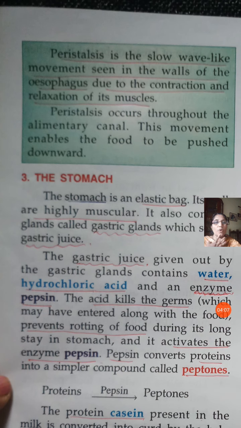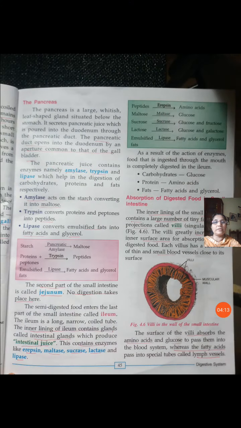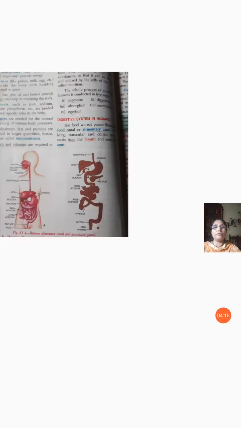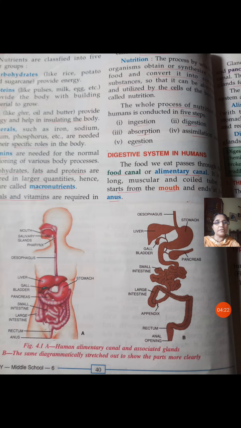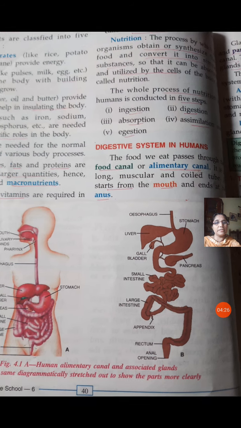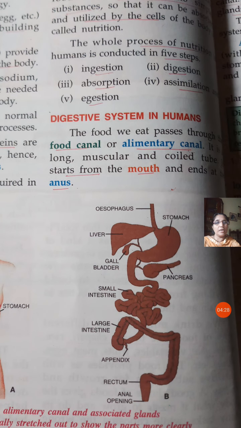After swallowing the food, it moves on. You know that the food pipe, the alimentary canal, is a very coiled tube. Sometimes in adult humans it may be up to 7 meters in length. You can see it is a coiled tube.